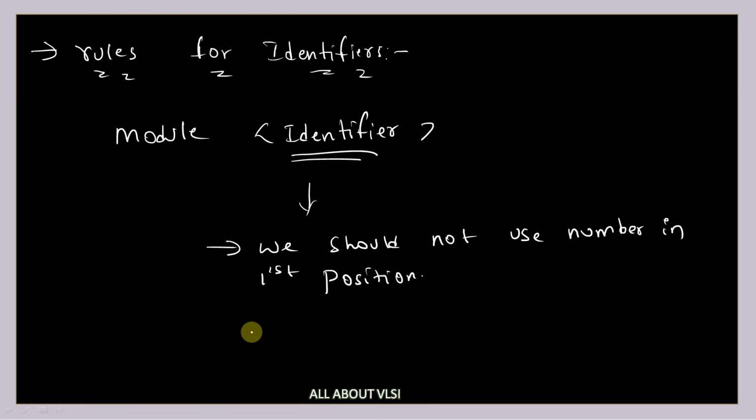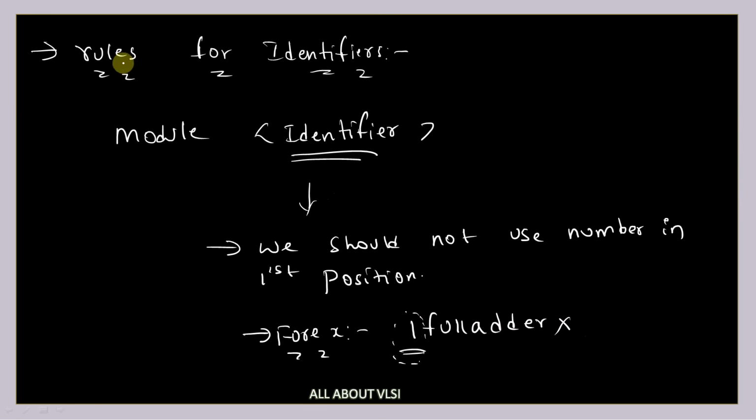For example, one full adder. This is wrong, because you should not use a number at the starting position. You can use a number at any other position, last or middle or second position, but you cannot use a number at the very first position. You will get the compilation error.